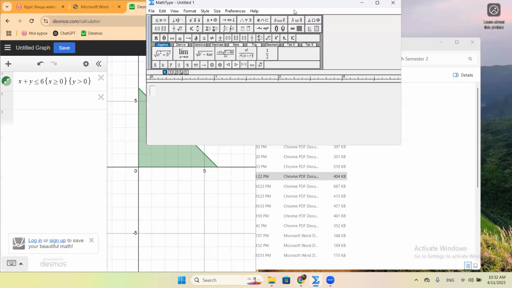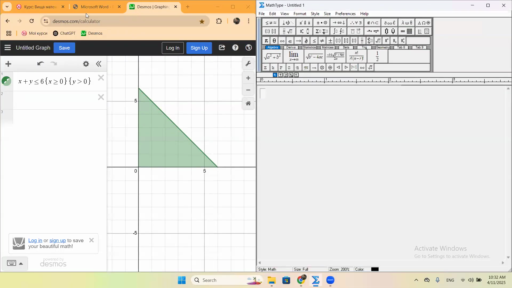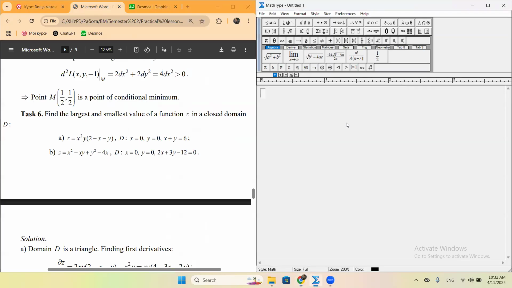So how did we calculate the value of the function in the one-dimensional case? Calculating the largest and the smallest values of the function on a segment, you performed the following actions.